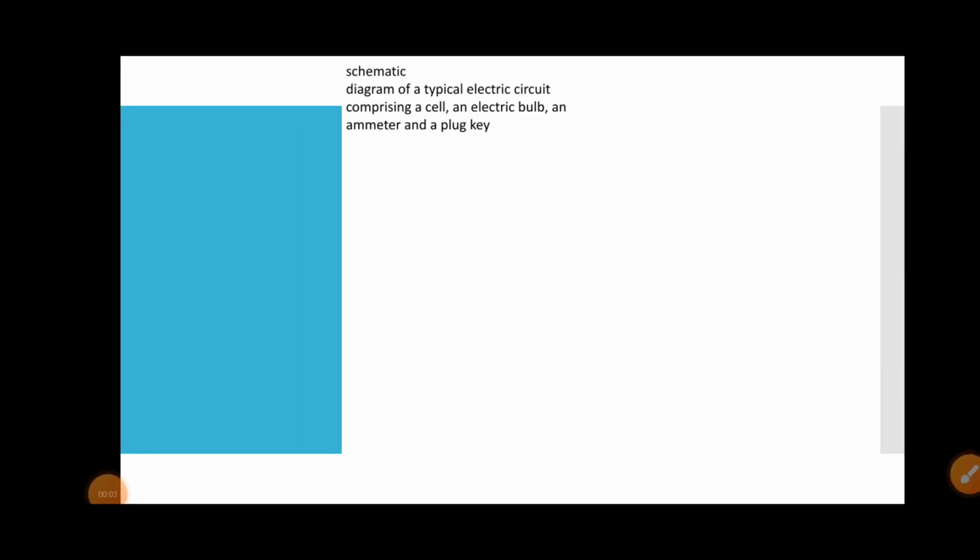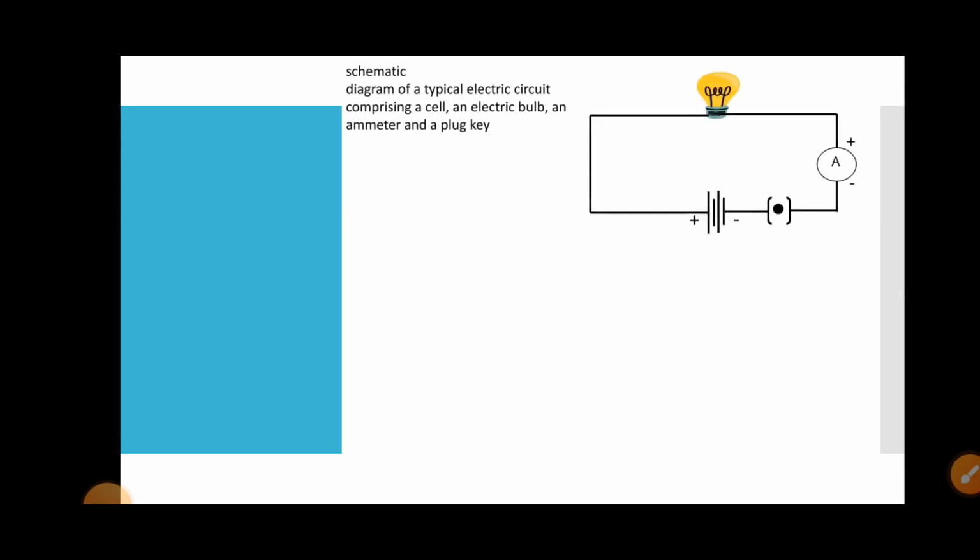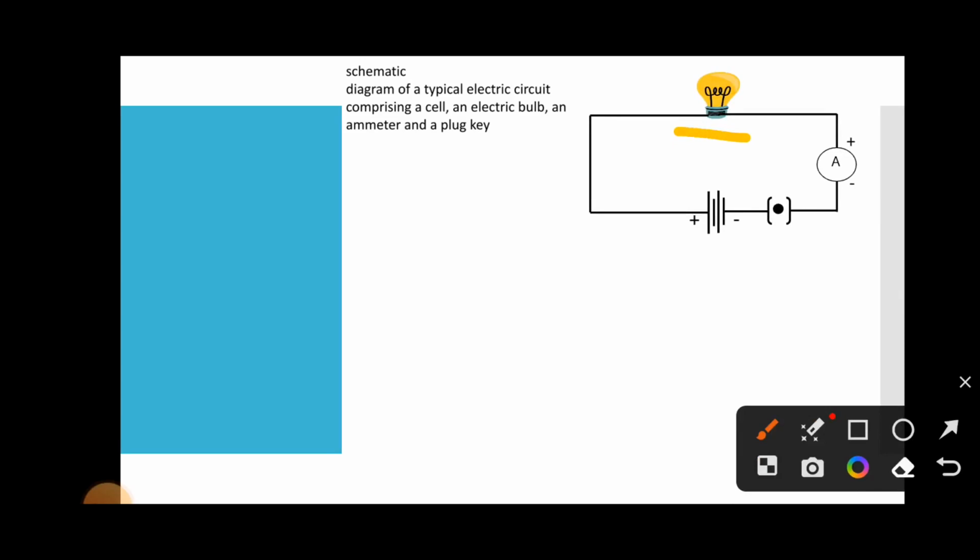Here is the schematic diagram of a typical electric circuit comprising a cell, an electric bulb, an ammeter and a plug key. This is the bulb, ammeter, key and the battery.